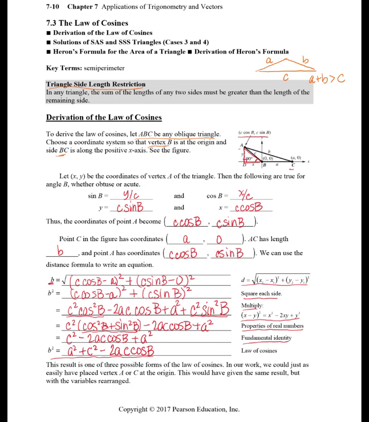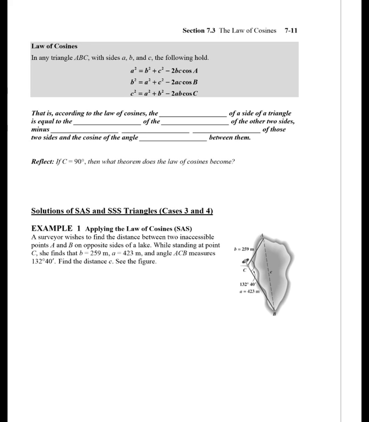If we rearrange the triangle, we can come up with the other two forms. We go to the next page. You see the three different forms of the law of cosines. In words, according to the law of cosines, the square of a side of a triangle is equal to the sum of the squares of the other two sides minus twice the product of those two sides and the cosine of the angle included between them.